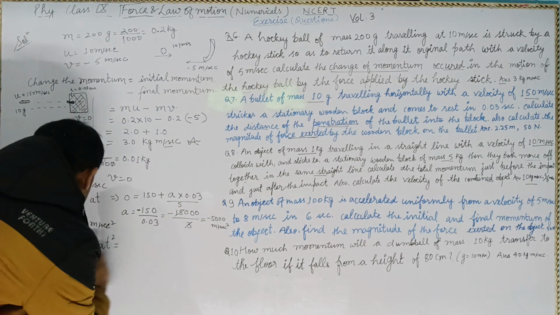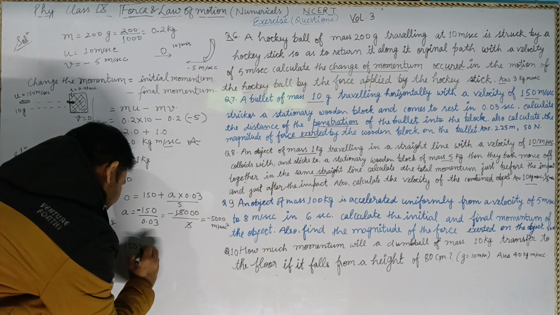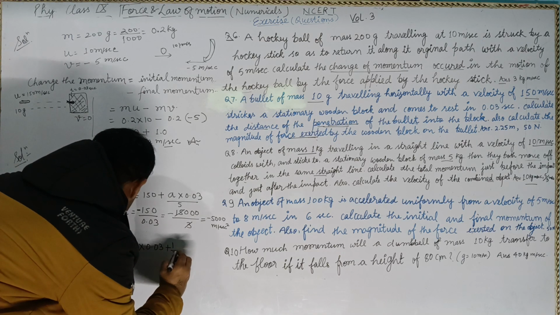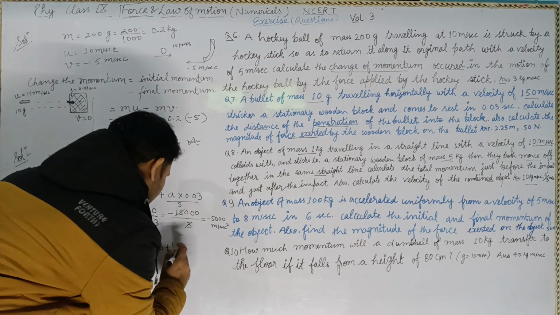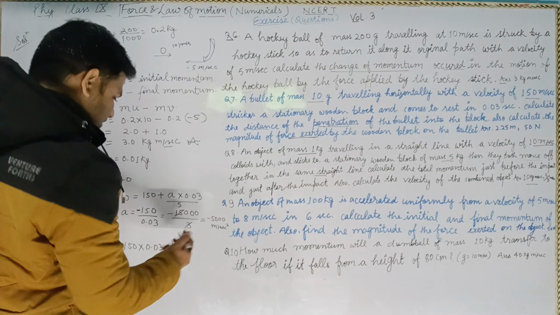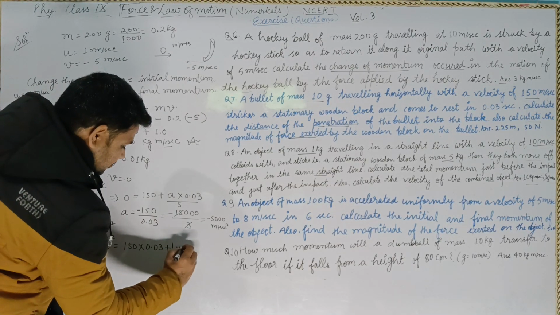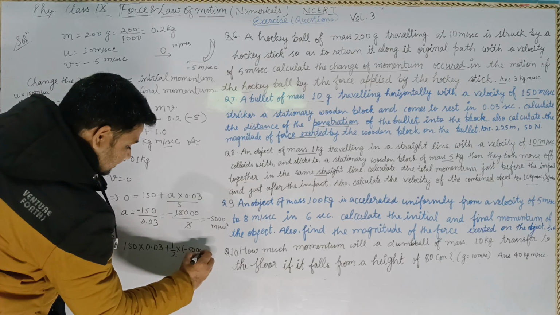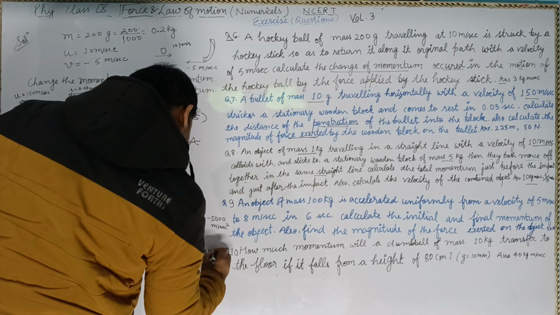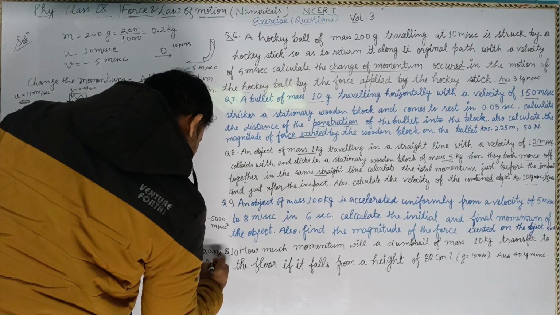Putting the values: u is 150, t is given 0.03, plus half, a is minus 5000, and t is 0.03 into 0.03.